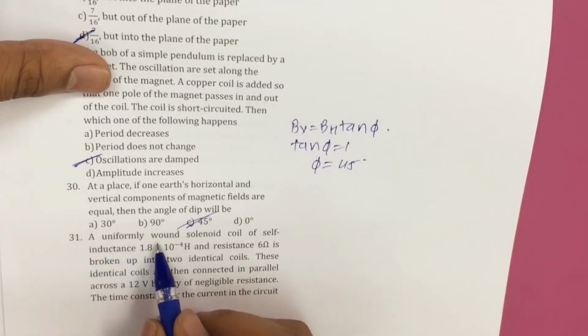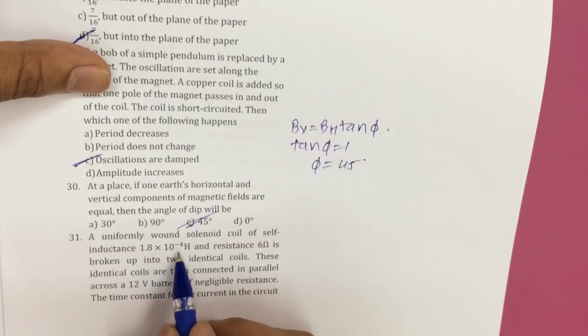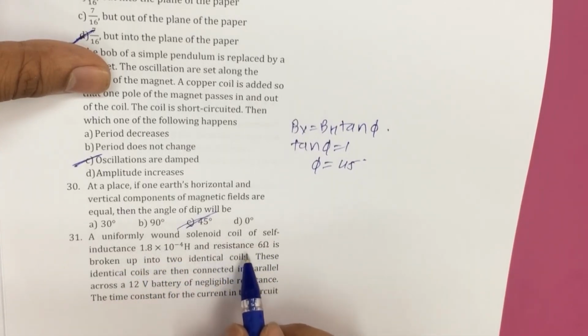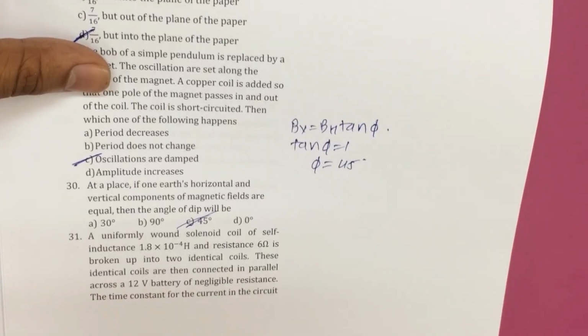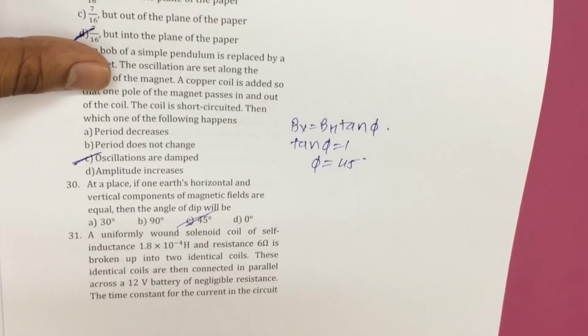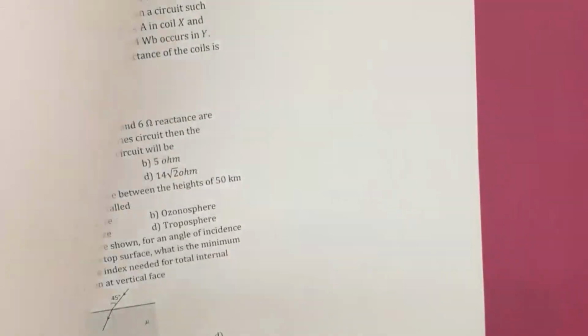Question 31. A uniformly wound solenoid coil of self-inductance 1.8 multiplied by 10 raised to minus 4 Henry and resistance 6 ohm is broken up into two identical coils. These identical coils are then connected in parallel across a 12-volt battery of negligible resistance. The time constant for the current in the circuit is?